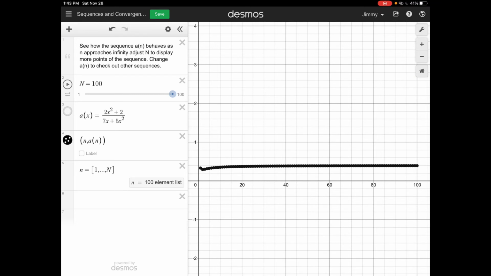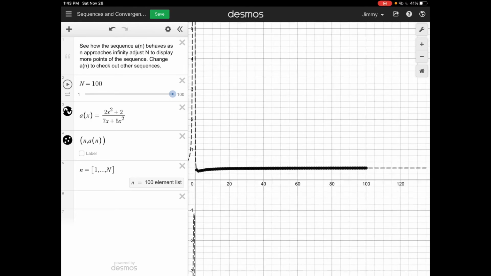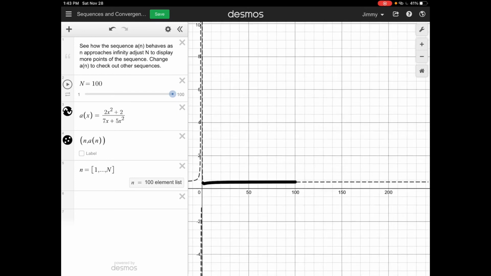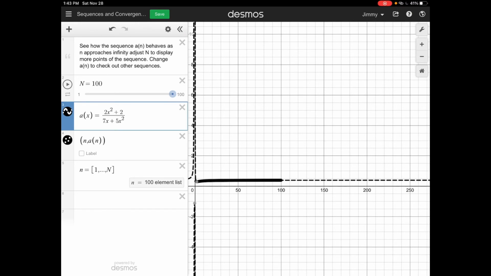To try to figure out, well, what is that actual number that it is getting very, very close to? Well, if I back off of the sequence part, and then actually look at the actual graph of the function itself and say, all right, well, what is the graph itself approaching as I continue to go that way forever? And so what I could do is just look at it in terms of the function value. So if I keep going farther and farther and farther to the right, what am I getting closer and closer to?